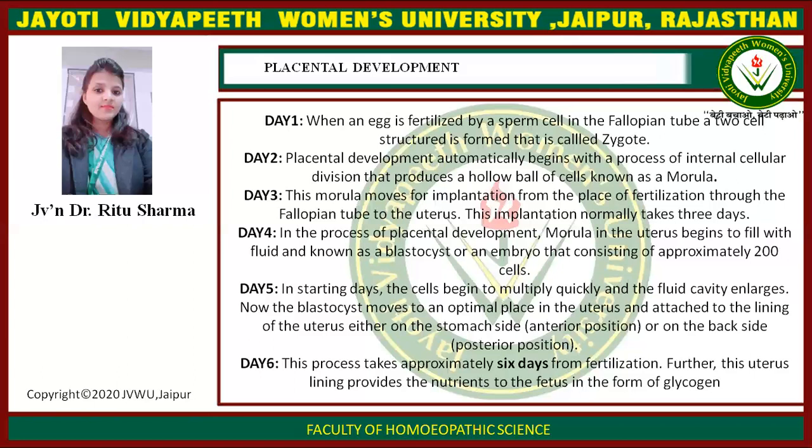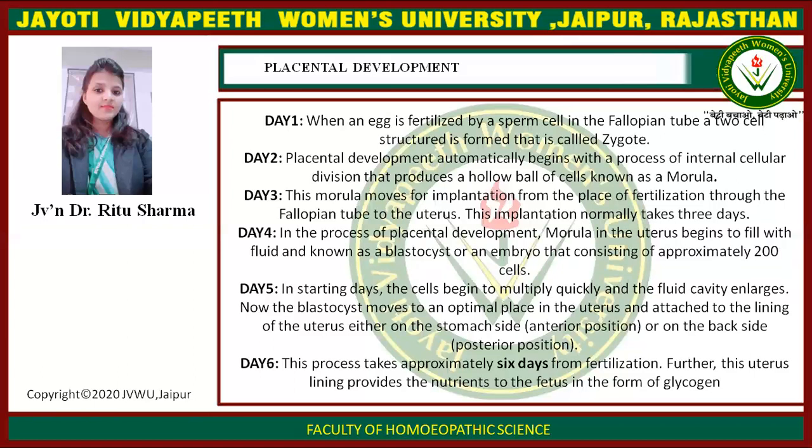Day 4. In the process of placental development, the morula in the uterus begins to fill with fluid, known as blastocyst or an embryo, consisting of approximately 200 cells.